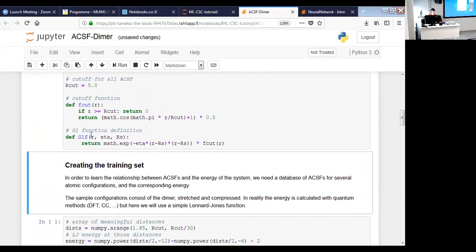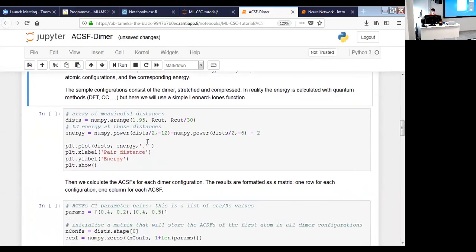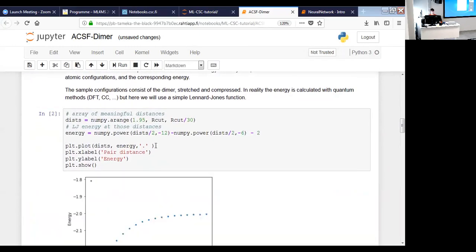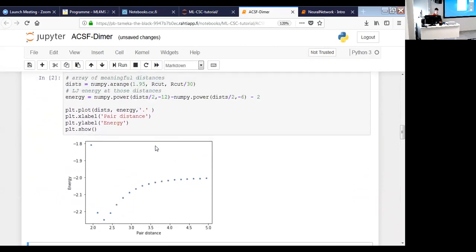These are the same we have seen before. Then we create the training set. We have a dimer, so 2 atoms, and we gradually separate them to different distances, and we have the true energy, which is given by a Lennard-Jones potential, which in principle we don't know. It's just data that we have. That's going to be the energy of our system as a function of the pair distance of the 2 atoms.